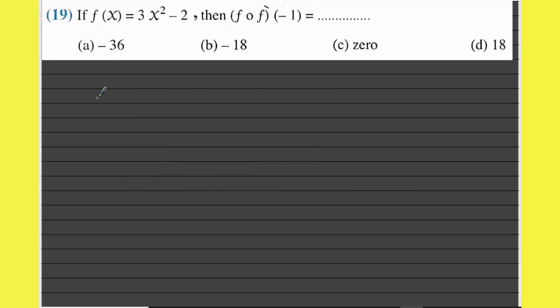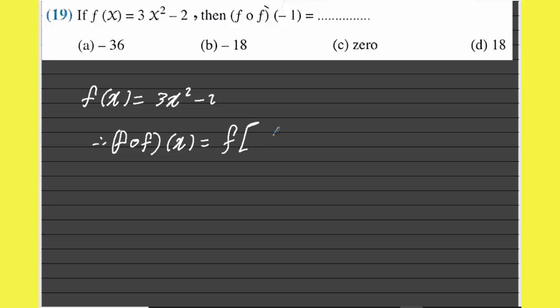Here we have f of x equals 3x square minus 2. Then f circle f all dash of negative 1. So first we calculate f circle f of x. It is equal to f of f of x.